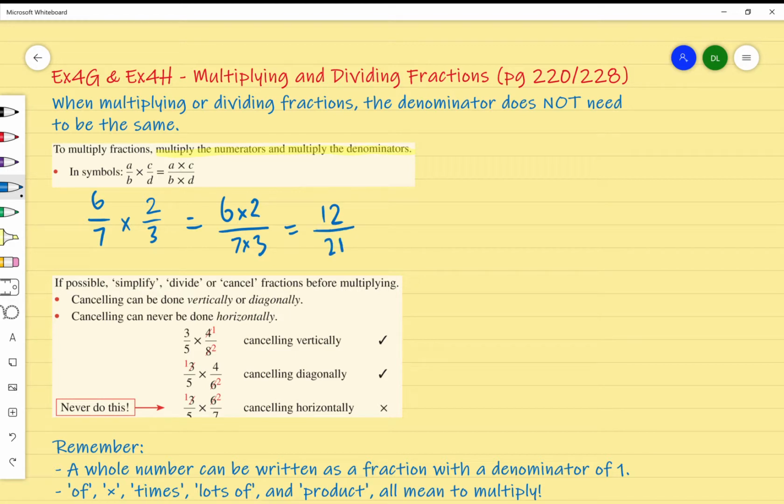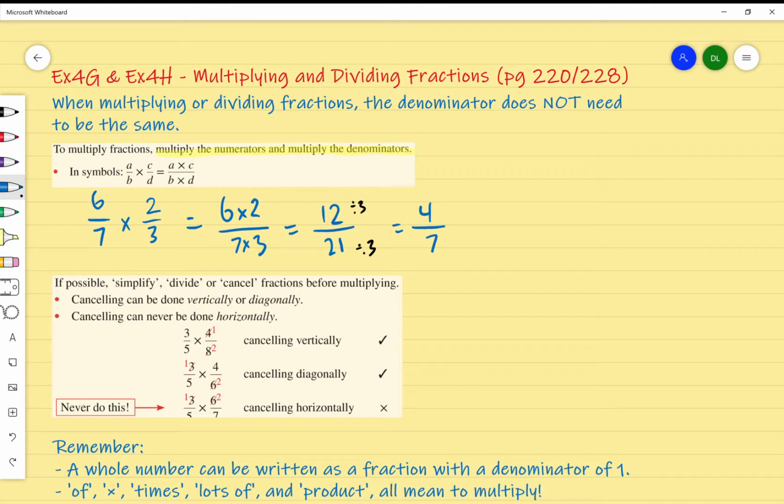Now, normally I would be done, but I know I can simplify this. I know that 12 can be divided by 3, and I know that 21 can also be divided by 3. So if I divide both by 3, I end up with 4/7. Now 4/7 is your simplified fraction.